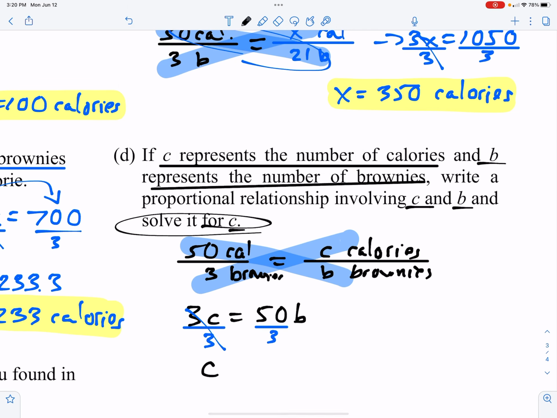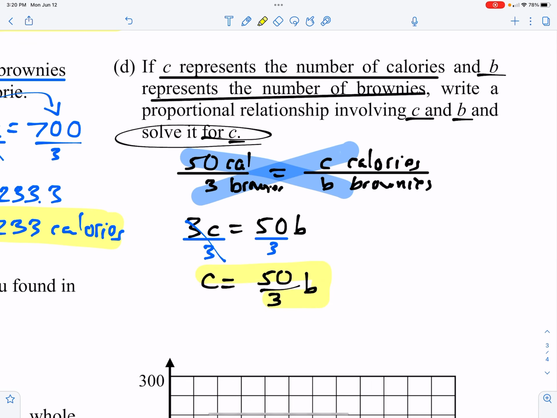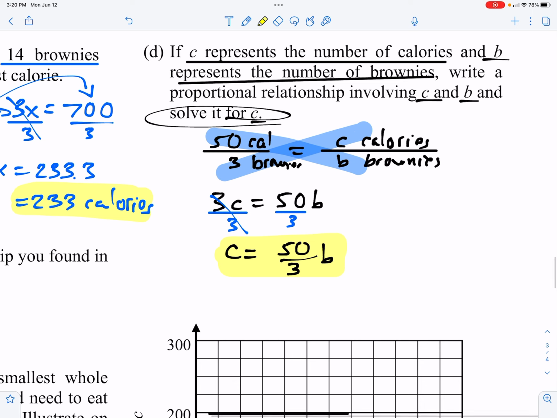And we get C is equal to 50 over 3 times B. We will later learn in this unit that this part of the proportional relationship is the slope. We'll talk more about that later in terms of how you can use that for your graphing purposes.